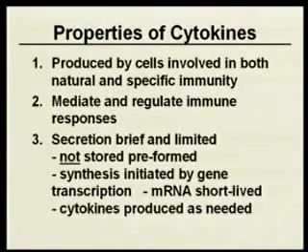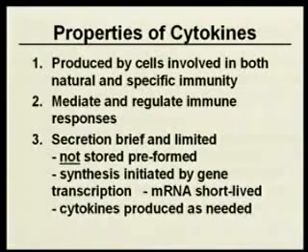For the most part, the secretion of these is very brief and limited. It's thought that they're not stored or preformed. This is not entirely true. There are some cells, typically NKT cells, that may have some preformed cytokines, but we won't talk too much about those cells.